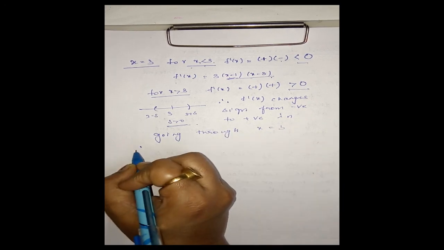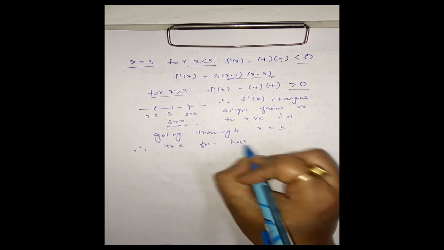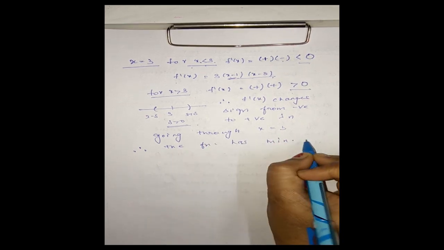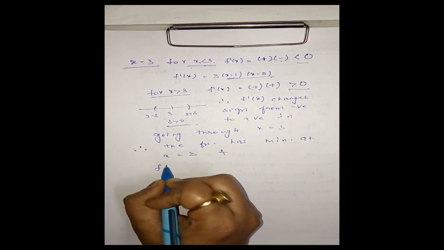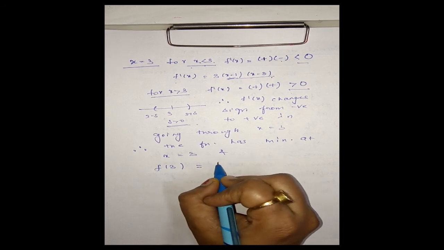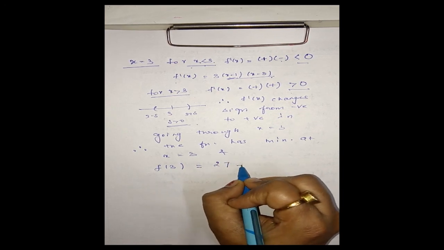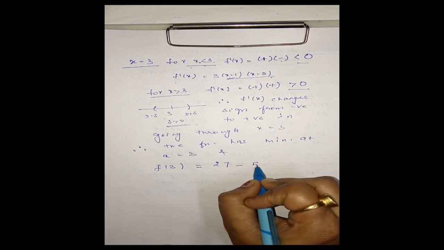Therefore the function has a minimum at x is equal to 3, and the minimum value is f of 3, which is equal to x cube, that means 27, minus 6x square. 3 3s are 9, 9 into 6, 54.